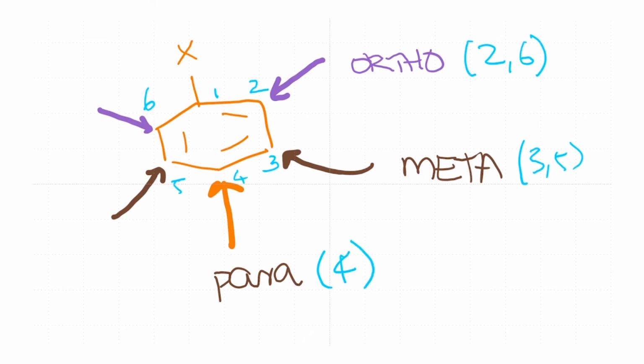Okay, so in the case of bromination of phenol, we get the ortho and para substituted product, and you get the tri-substituted product.